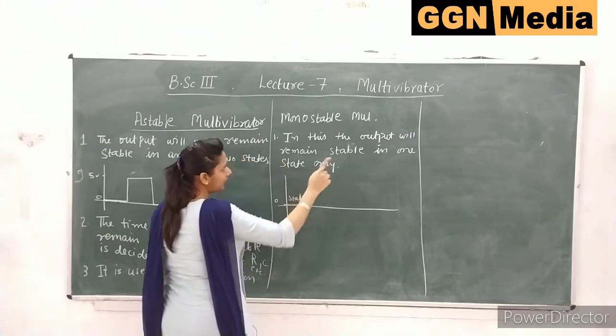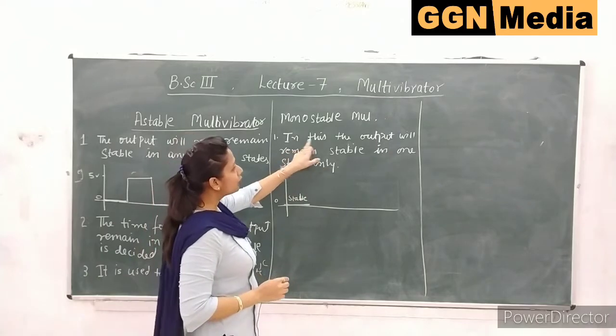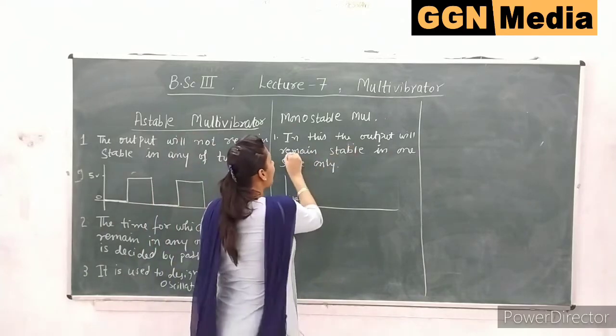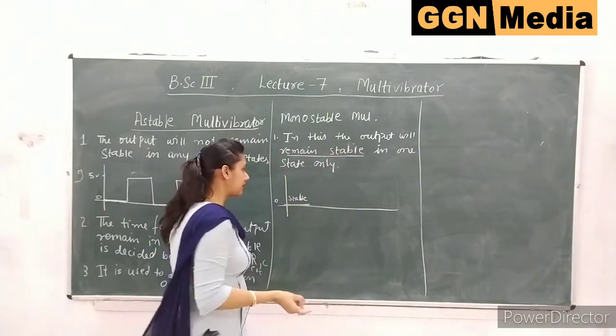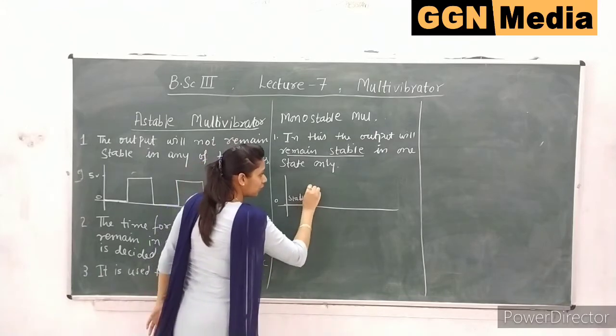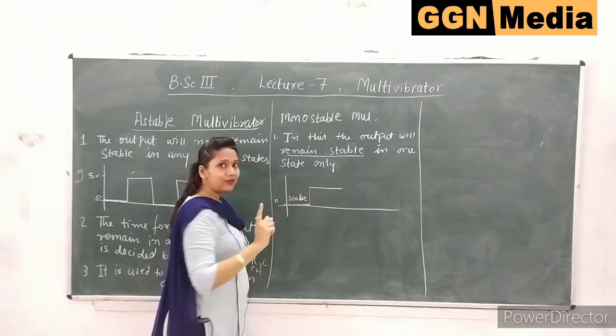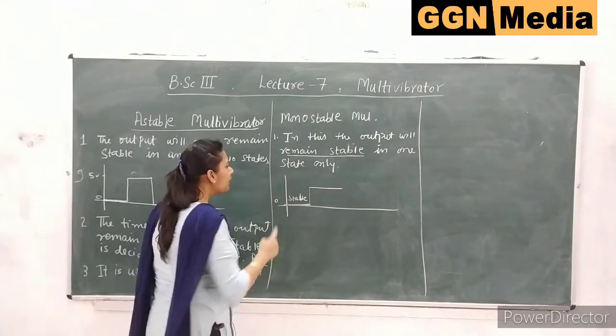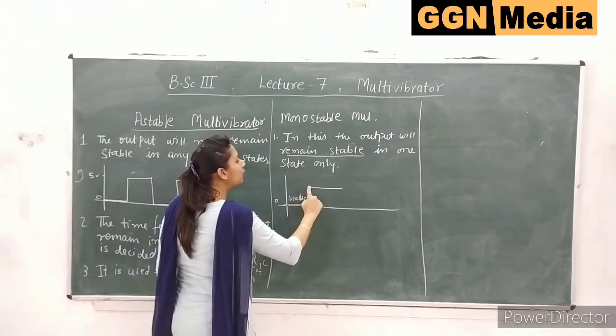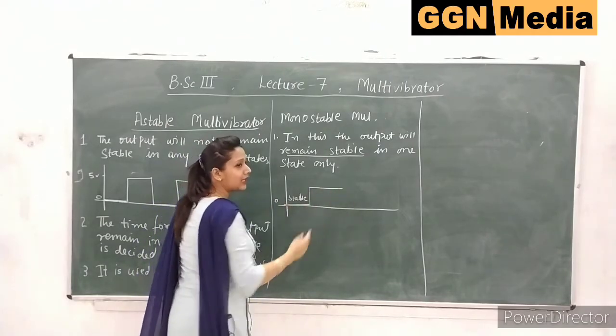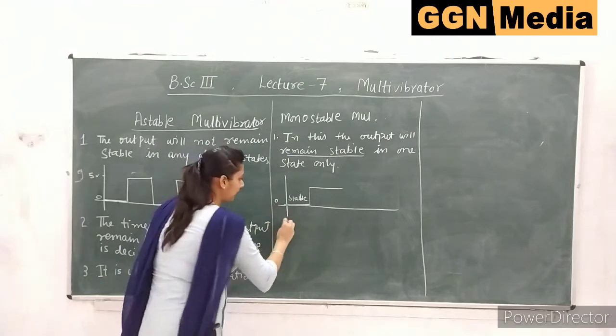So we have mentioned in this that output will remain stable in one state, and we have told that this low state is stable state. So from stable, means low, to high, it will not go automatically.